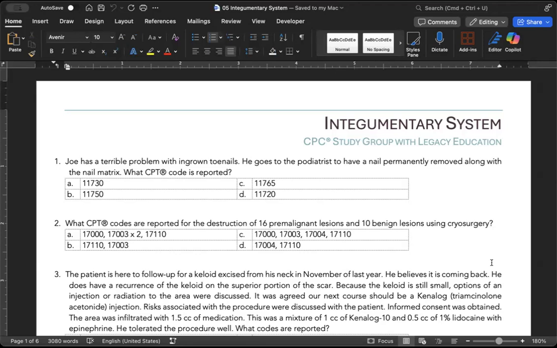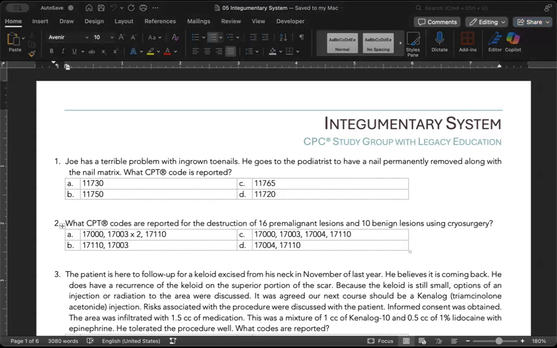So let's do this one with the index and then we'll do process of elimination with some of the others that have multiple codes. So for this one, our main term that we are going to look up is going to be removal because that's our procedure that we're doing.